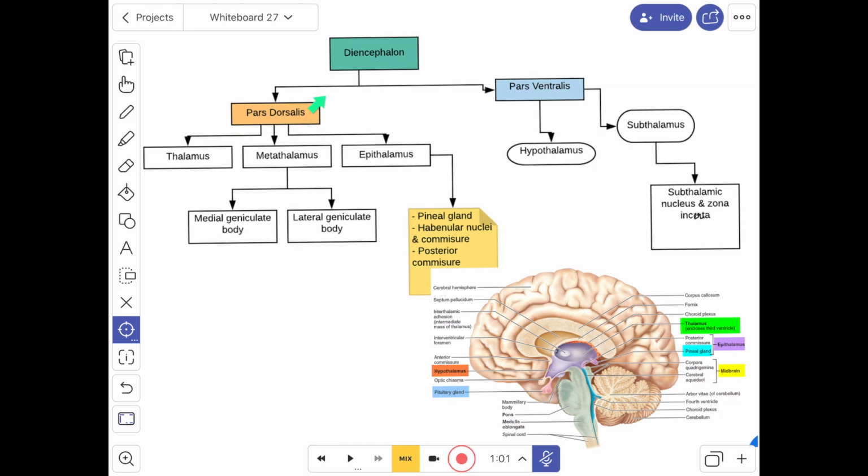The pars dorsalis is subdivided into the thalamus, the metathalamus, which includes the medial geniculate body and lateral geniculate body, and the epithalamus, which includes the pineal gland, the habenular nuclei and commissure, and the posterior commissure. The pars ventralis is subdivided into the hypothalamus and subthalamus. In the subthalamus, you get the subthalamic nucleus and zona incerta.